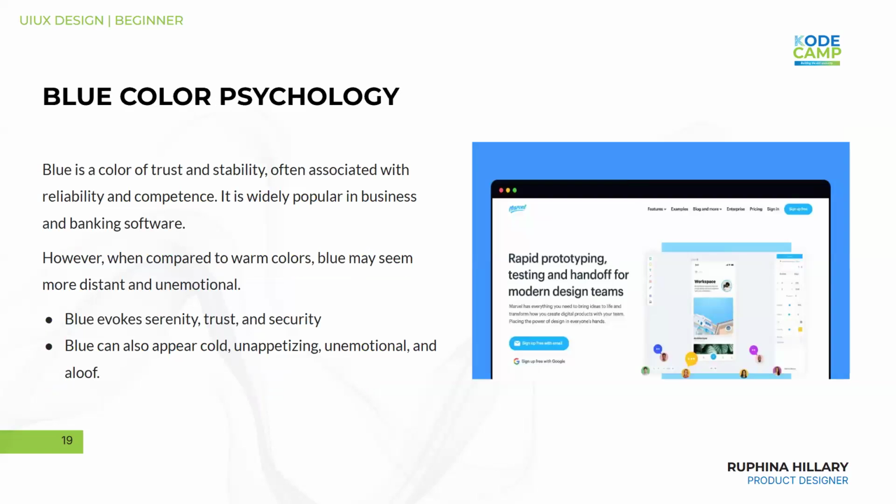A light blue might remind you of babies and playful elements, but a darker blue, a more solid blue, would give you this solidarity and trust and stability. Right? So blue evokes serenity, trust, and security. It can also appear cold, unappetizing, unemotional, and aloof.